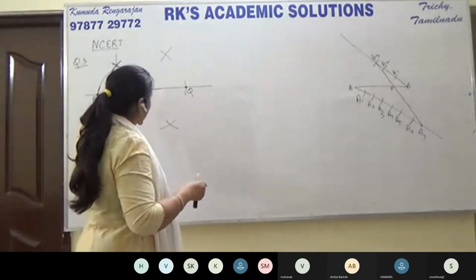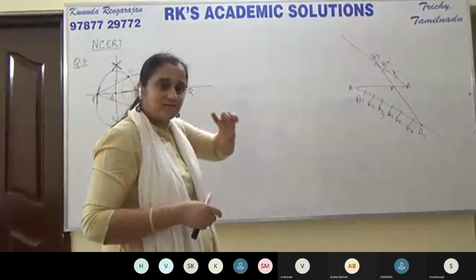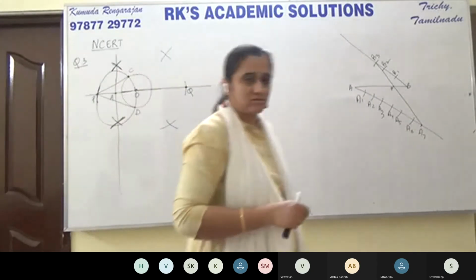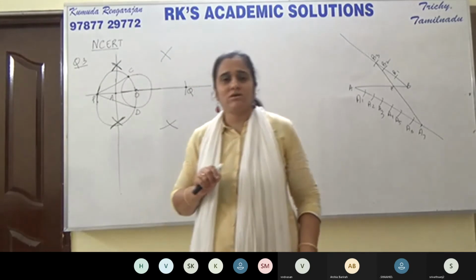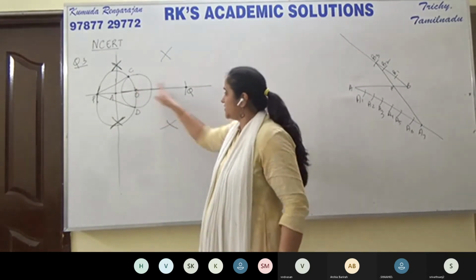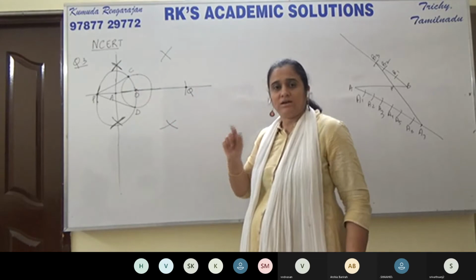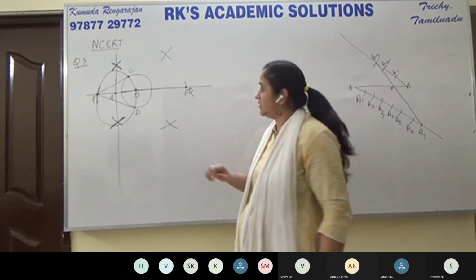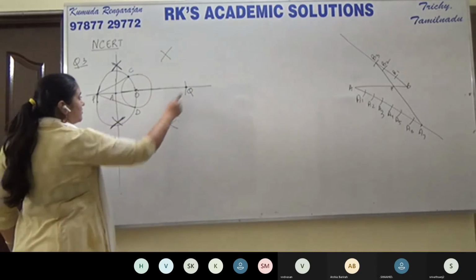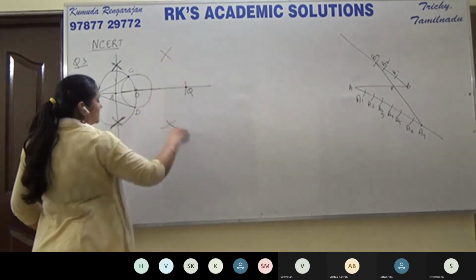You should put your compass at O, you should put your compass at Q. Radius, more than half of OQ. Whenever we have to cut arcs, you only need answers to these 2 questions: centers and radii. So from O, arc. From Q, same radius, cut the earlier arcs.